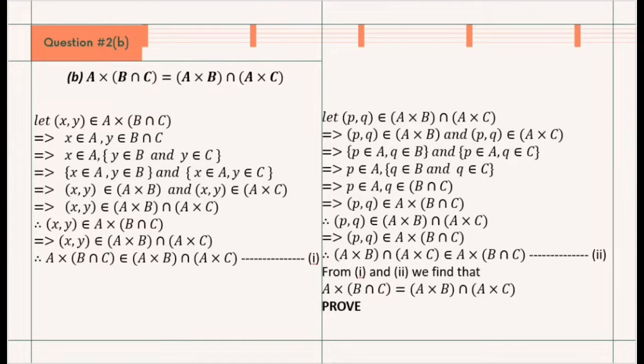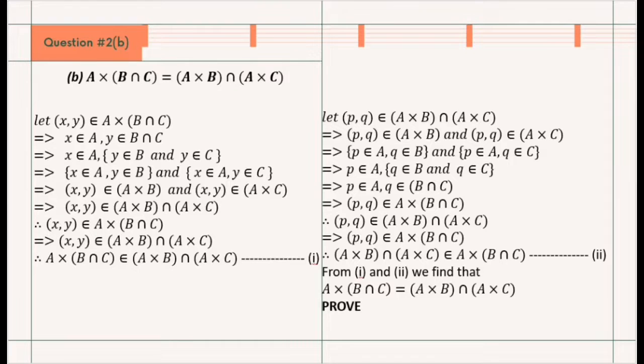Now this implies x belongs to A, y belongs to B, and y belongs to C. By definition of intersection, we can write this as x belongs to A, y belongs to B, and x belongs to A, y belongs to C. Now this implies ordered pair (x, y) belongs to A cross B and (x, y) belongs to A cross C.